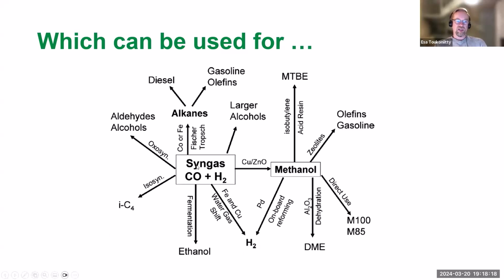But here is a collection of reactions and products that can be obtained from synthesis gas. The synthesis gas is very versatile because you can make a lot of different chemicals out of it. In principle, you can make hydrogen, which is more or less adjusting the composition and getting rid of the carbon monoxide.